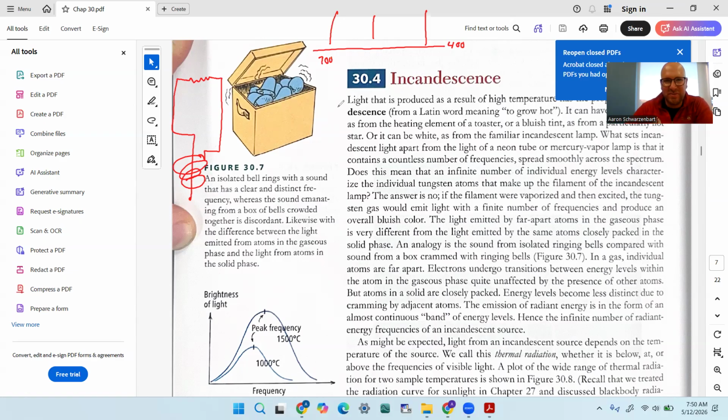Gases have so much space between them. The solids get more of a smear of frequencies, and the peak frequency, whether that be in the orange range or the blue range, or sometimes they'll call it white hot when it gets really, really bright, is dependent on the temperature of the glowing object. A star, being a very, very hot glowing object, is definitely white hot.